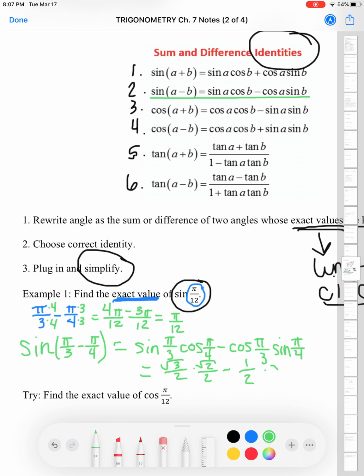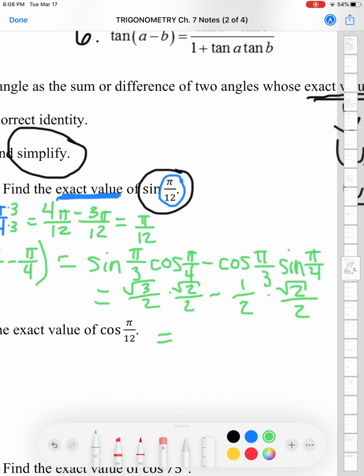Sine pi over 4 is root 2 over 2. Multiply this out. Remember, numerators times numerators, so we can take root 3 times root 2, which is root 6 over 4, minus root 2 over 4, which is root 6 minus root 2 over 4.